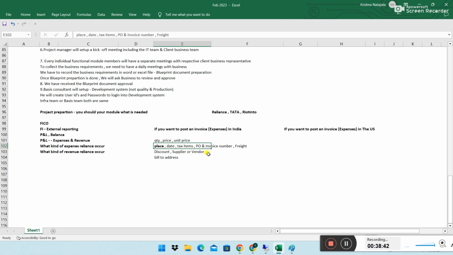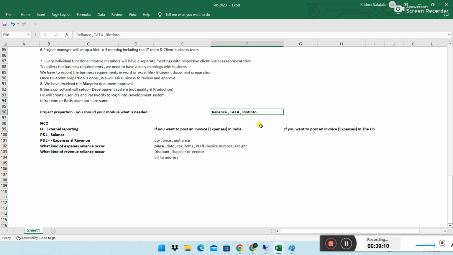And believe me, don't always practice with the Indian configuration in a system. If you learn only one-to-one mapping, one-to-one configuration in a system, you will never understand a real-time situation and scenario. In real time, you have a company which we call a client. Client can be from any place, any origin country.